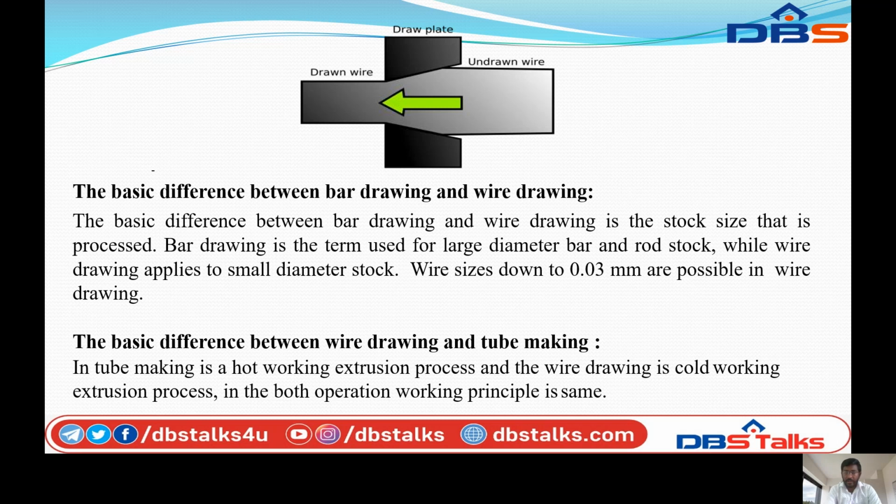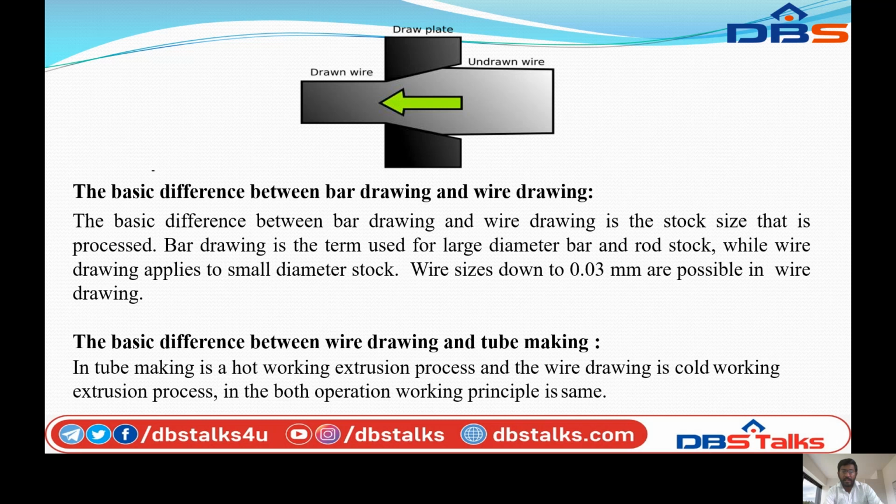The size in wire drawing can be as small as 0.03 mm. Bar drawing shows the large diameter rod, whereas in wire drawing the diameter is very small. 0.03 mm is possible in the wire drawing process. So this is the difference between bar and wire drawing.